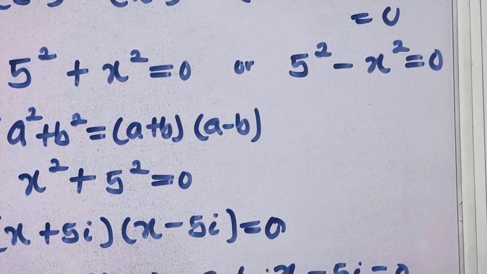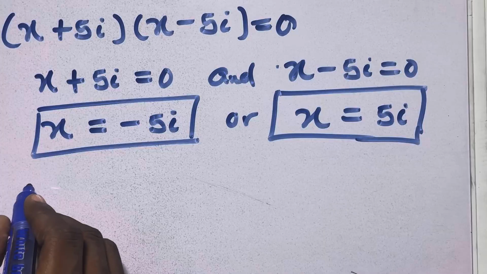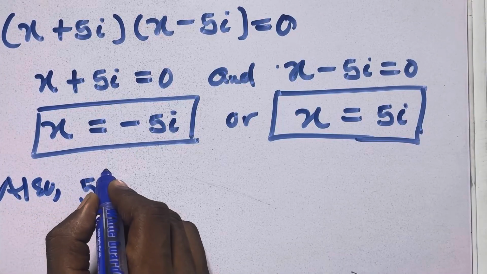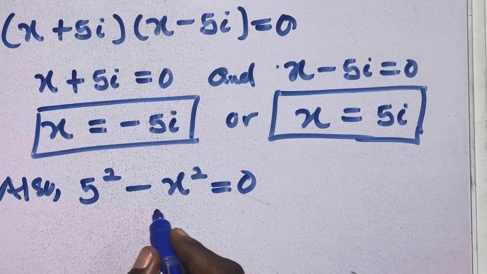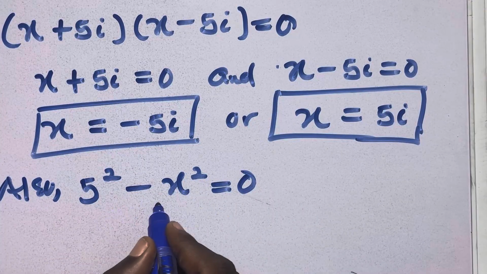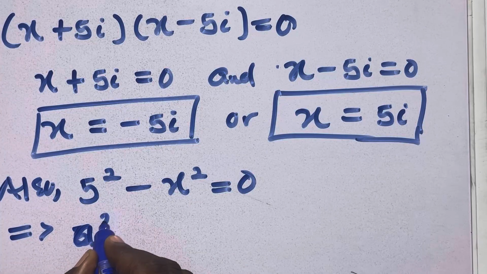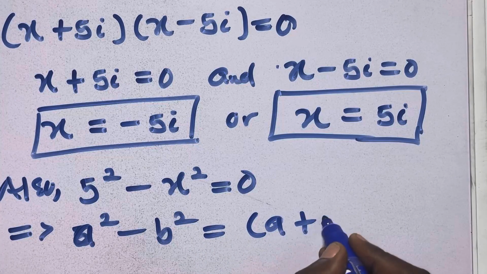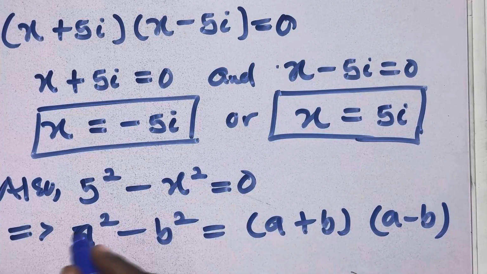Now we have another expression that we need to solve, which is this. So let's solve 5 squared minus x squared. So we want to solve for this expression too. Remember, this is the difference of two squares, and for the expression of difference of two squares, let's say a squared minus b squared, this equals a plus b multiplied by a minus b.